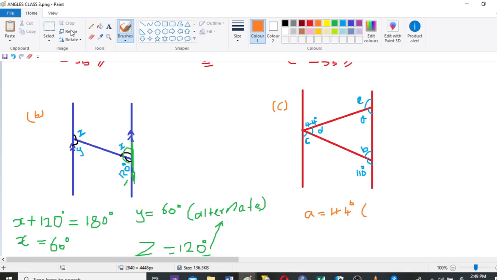So let me just write this here. Let's say they are interior alternate angles.